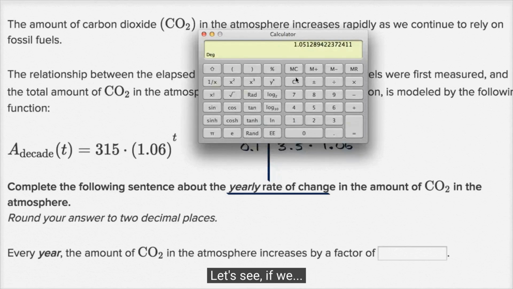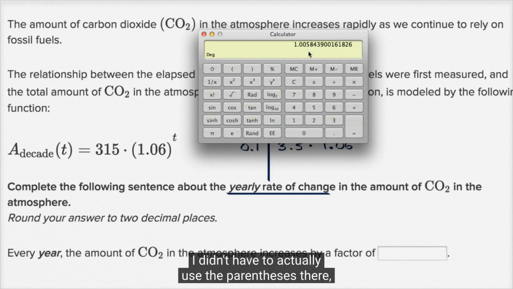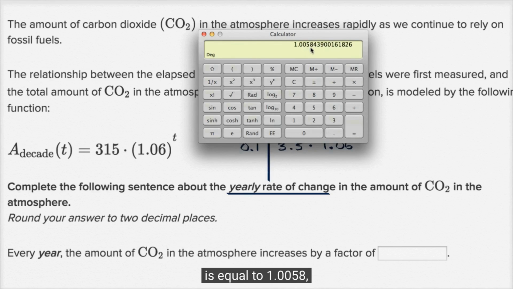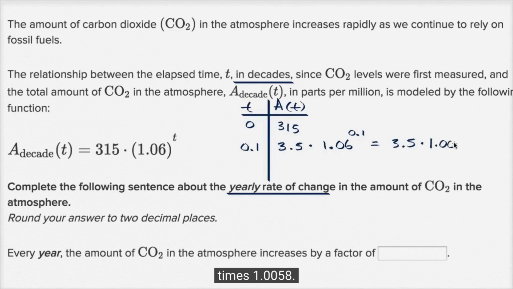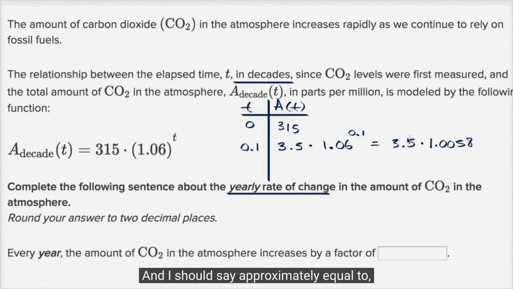Well, let's see. 1.06 to the 0.1 power is equal to 1.0058. I'll just stick with that. So this is the same thing as 315 times 1.0058. And I should say approximately equal to, I did a little bit of rounding there.